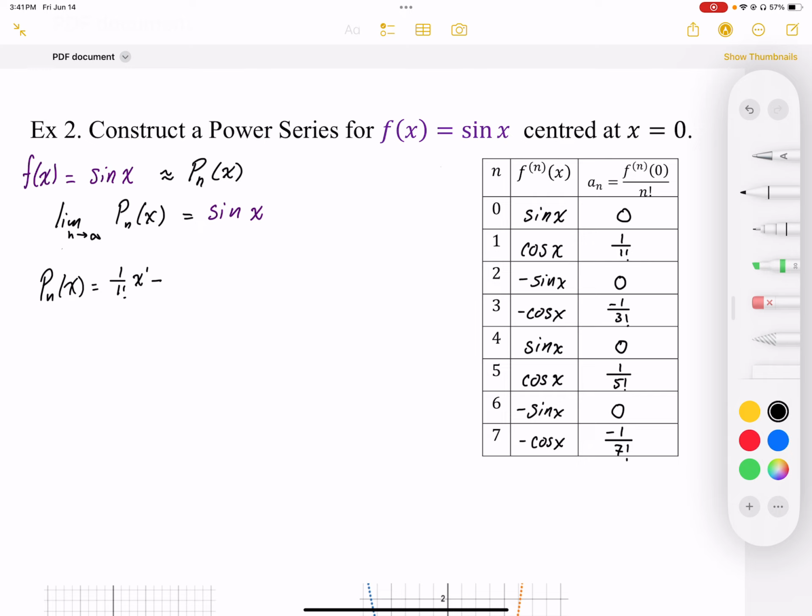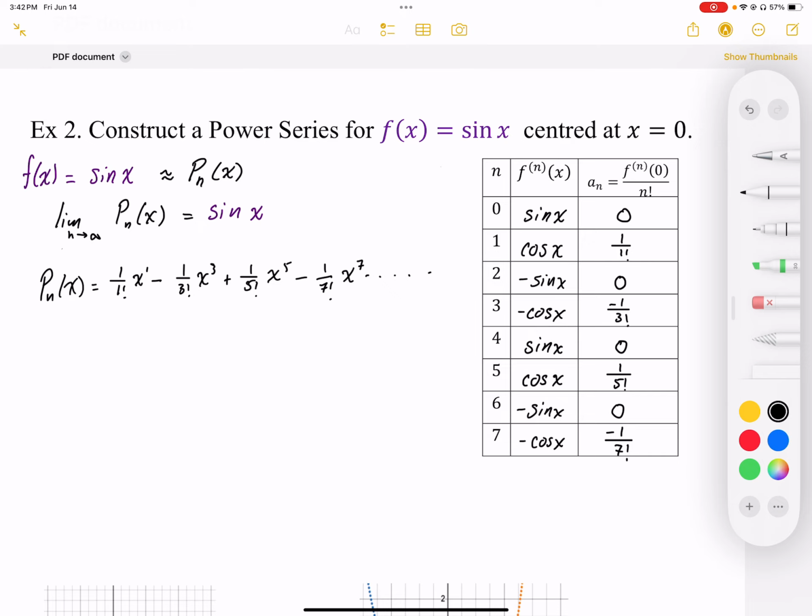And then the next term is going to be minus 1 over 3 factorial x to the power of 3. Then plus 1 over 5 factorial x to the power of 5, minus 1 over 7 factorial x to the power of 7, and so on.